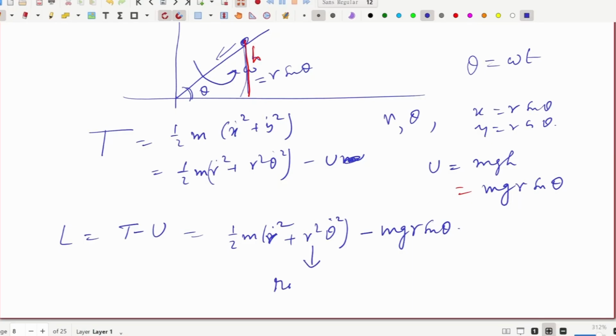Note that the rod is rotating, so the mass is also rotating, and you can expect some rotational kinetic energy. So, you have the total kinetic energy minus potential energy, and that will give you the equation of motion for this system.